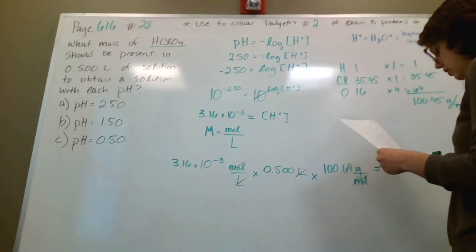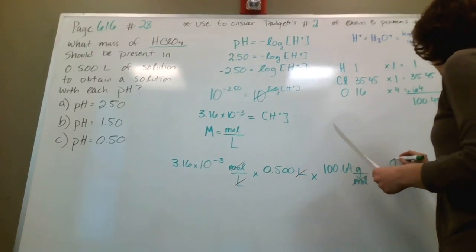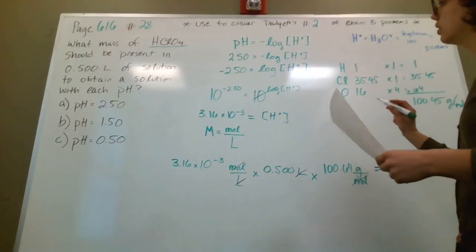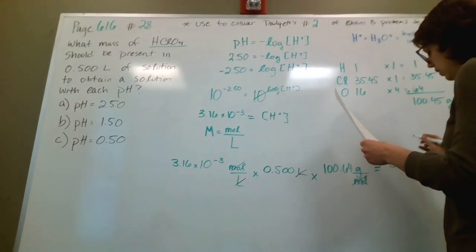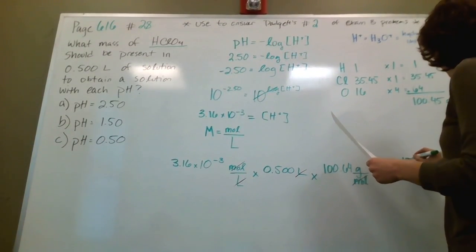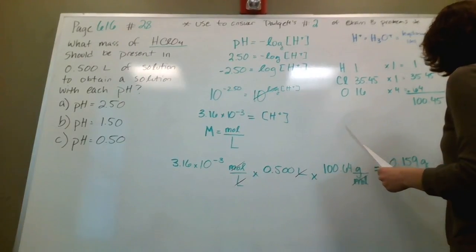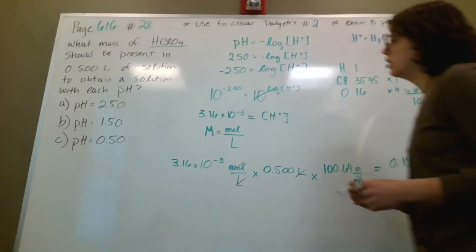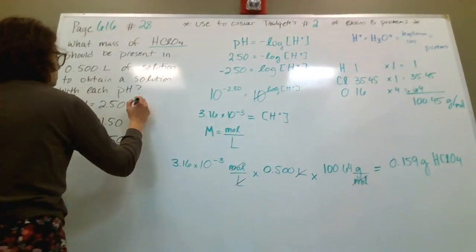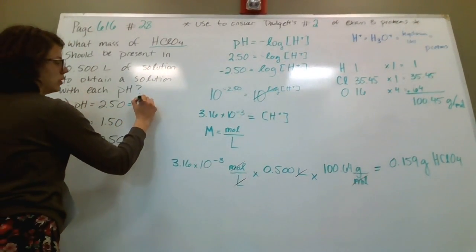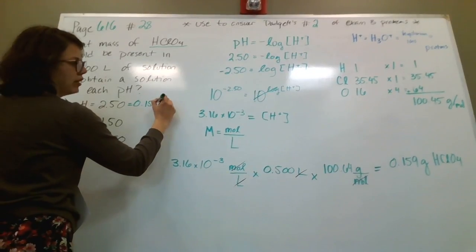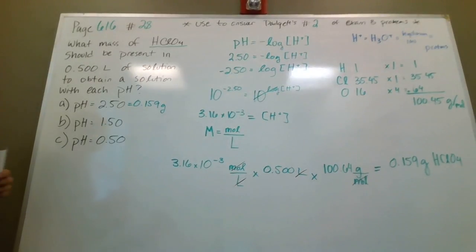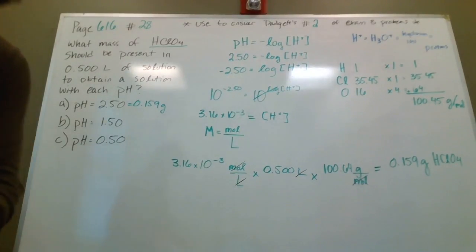And I got 0.1. What are the sig figs here? Is that three sig figs? So 0.159 grams of HClO4. 0.159 grams is our answer. Okay.